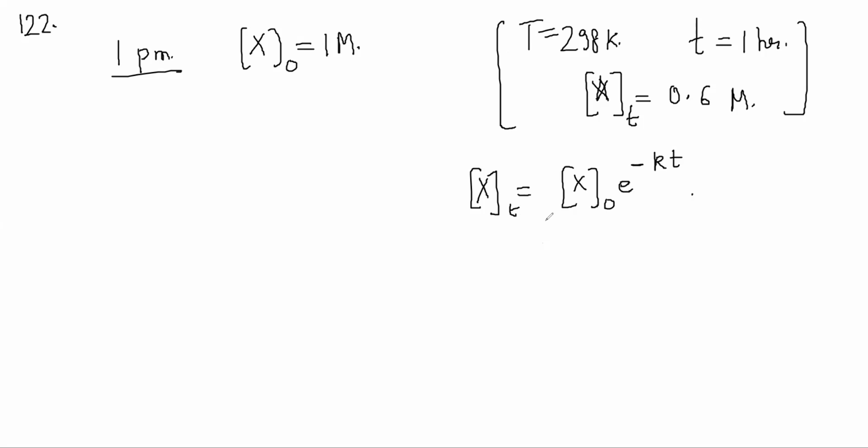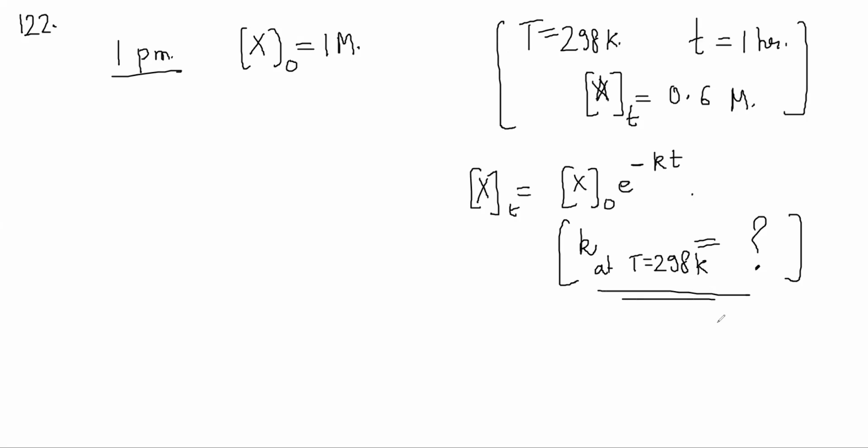So we can find out our k right now, no? Right. So if you do the calculation here, you will get the k value at temperature T, 298 Kelvin, right? Just do the calculation, then you will find this k value. For now, we'll call it K1, right? This one is at 298 Kelvin, right?